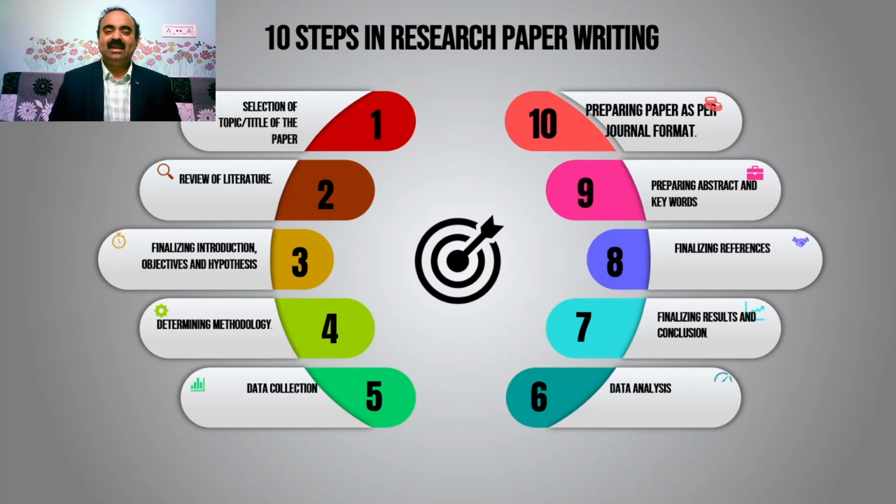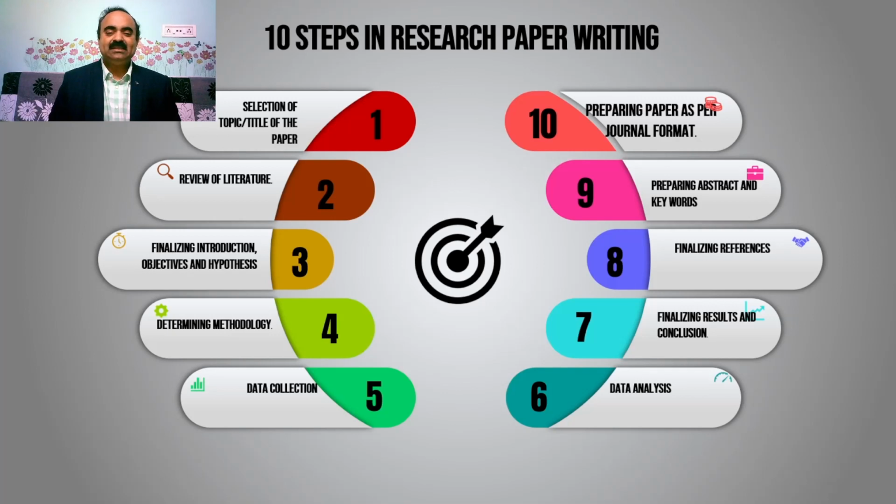Here you can take the help of your guide if you cannot finalize your topic on your own. For finalizing your topic, you can do a superficial literature review. What is literature review? I will be explaining under second step.